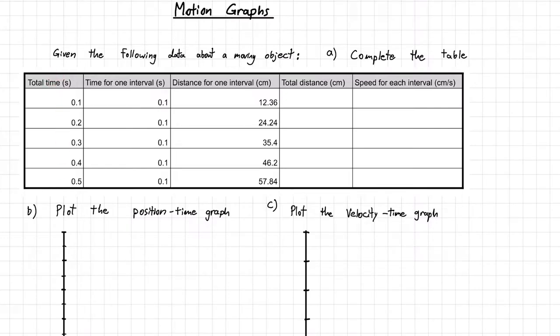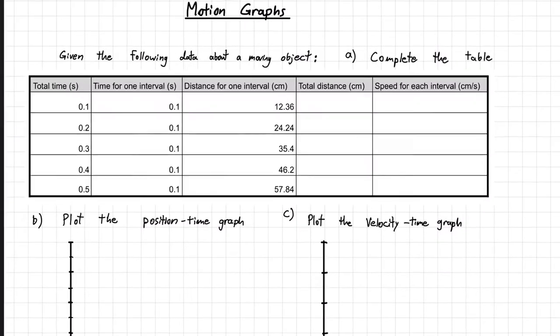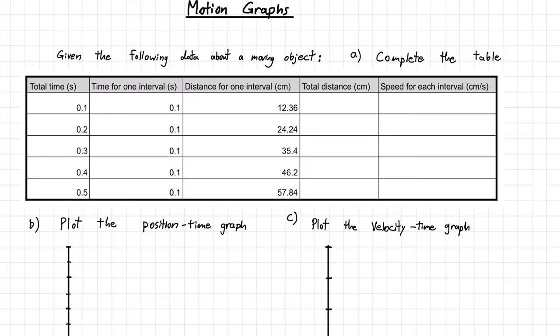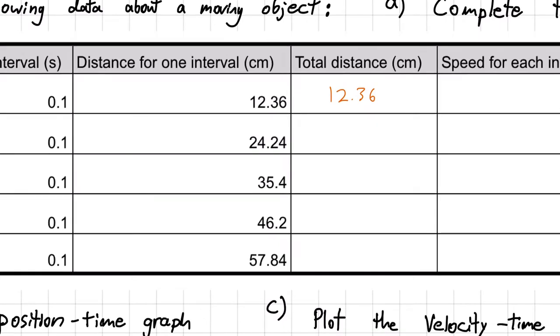So to find out how much distance we've traveled in total, or rather how far the object has traveled in total, we're going to look at the distance for one interval, and it's going to be a running total of those. So the first one's pretty easy, 12.36 centimeters.